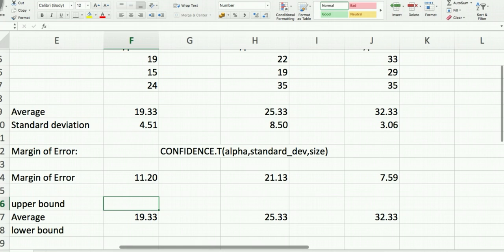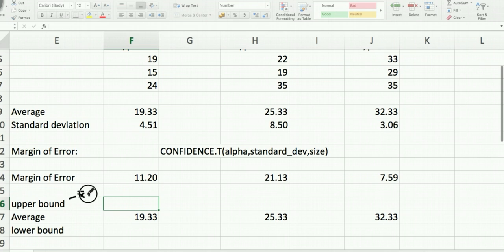So let me write this down here. So the upper bound is the average, and that is our x bar plus the margin of error, and the lower bound is the average minus the margin of error.